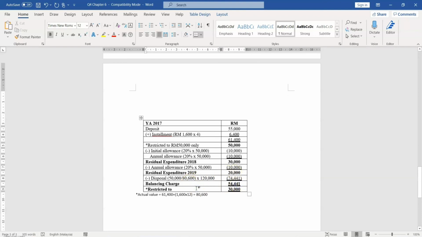And for this case, we know there is no more capital allowance withdrawal, because the car was disposed of accidentally.